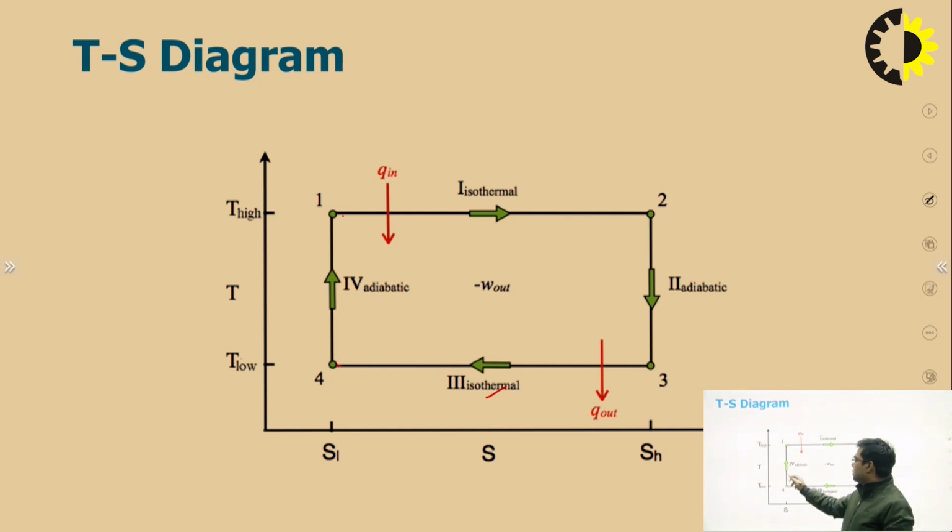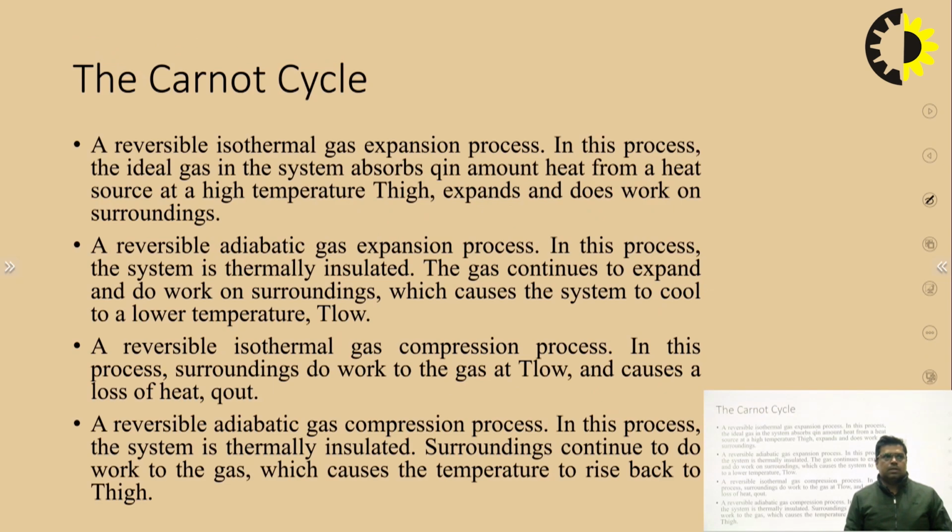And in process 4 to 1, the temperature will increase and the entropy will be almost constant. So in conclusion, the Carnot heat engine cycle works on a reversible isothermal gas expansion process.